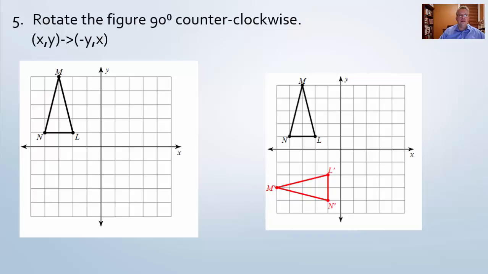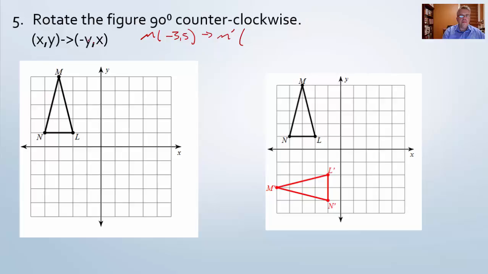Okay, well, I like taking a look at one point at a time. So let me see where I got some space to work here. I'll work up here. So M, I'll start with M. The coordinates of M are -3 and 5. All right, here's how we calculate the coordinates of M prime.